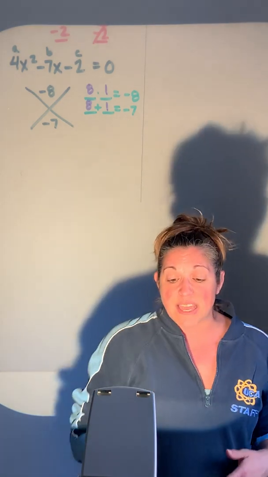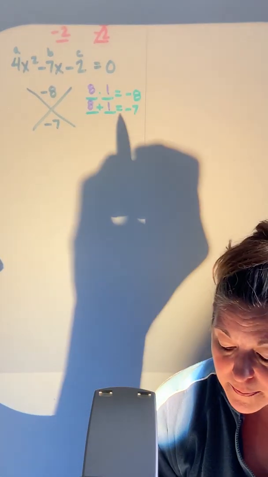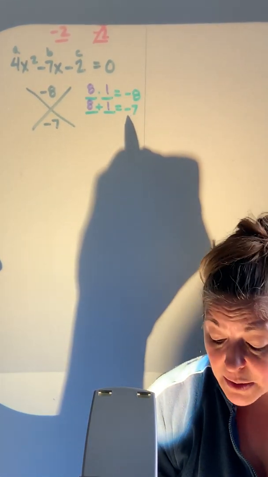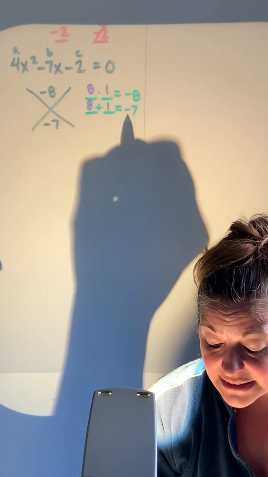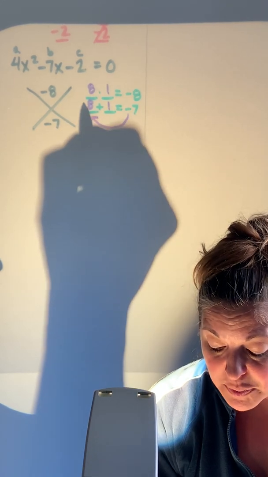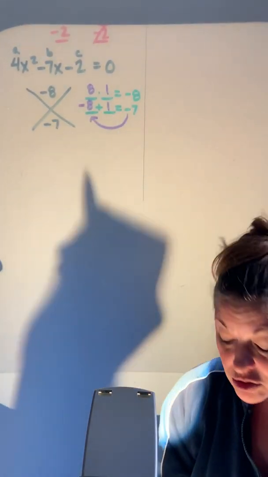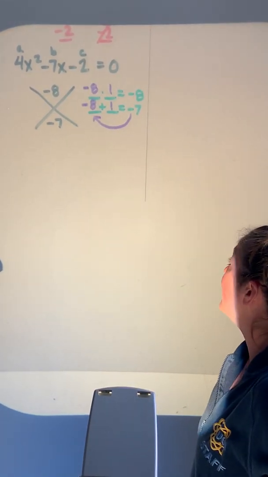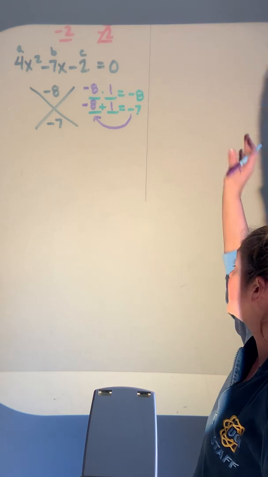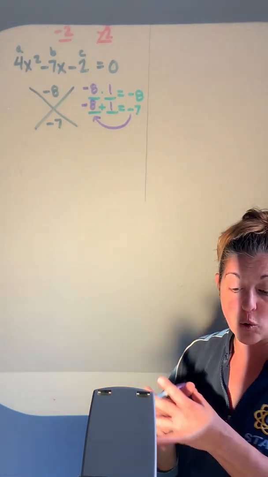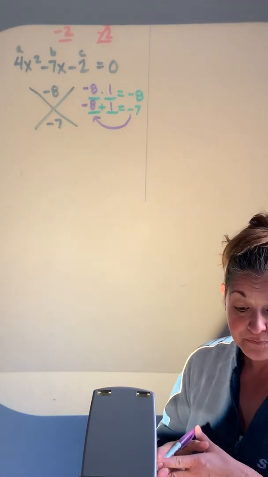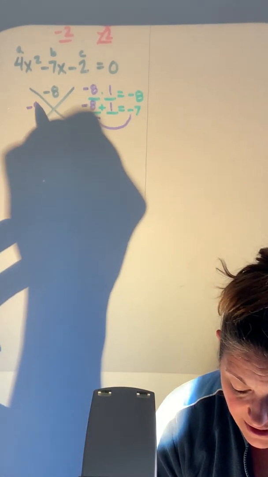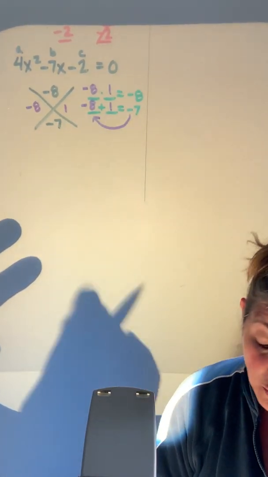Remember that the answer to a problem where you're adding a positive and a negative always has to match the sign of the bigger number. So that tells us the -8 is the one we need in order to get that -8 product and that -7 for the combination. So that gives us a -8 and a +1.